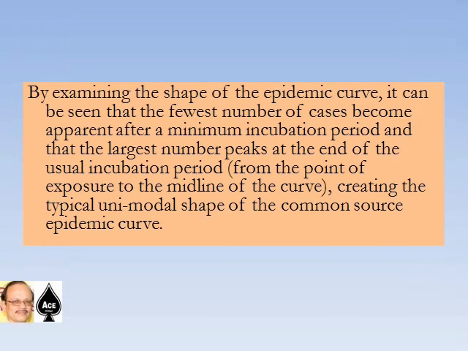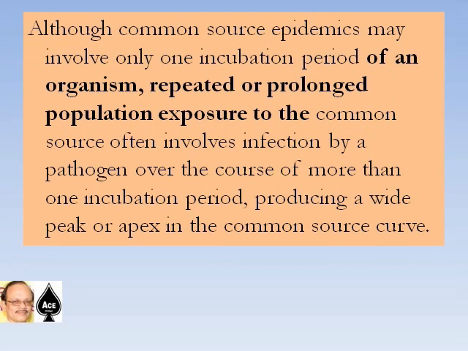By examining the shape of the epidemic curve, it can be seen that the fewest number of cases become apparent after a minimum incubation period, and that the largest number peaks at the end of the usual incubation period from the point of exposure to the midline of the curve, creating the typical unimodal shape of the common source epidemic curve.